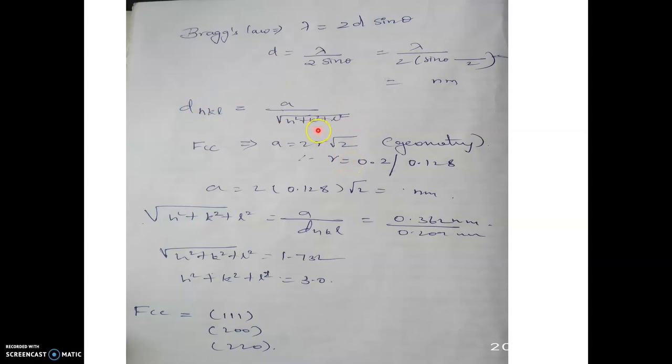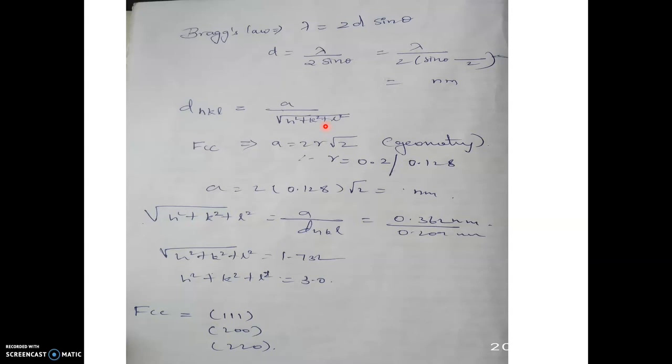So if it is a face centered cubic, or any cubic structure, the radius a is equal to 2r root 2, that is the geometrical radius of the crystal.